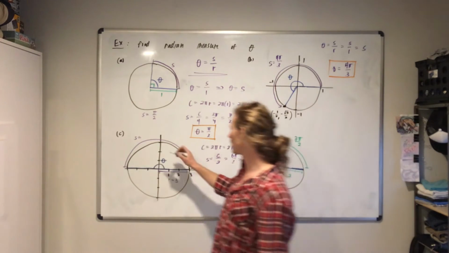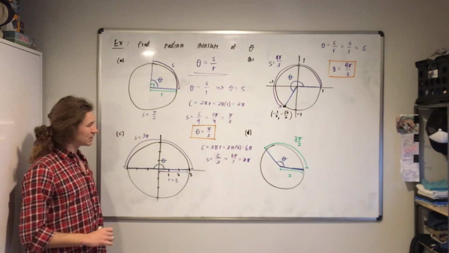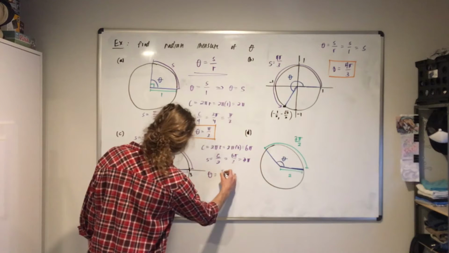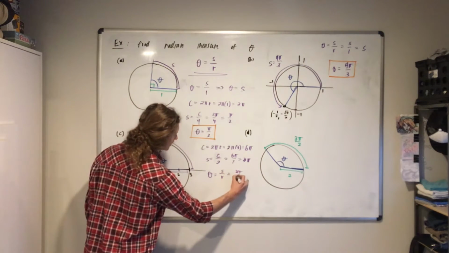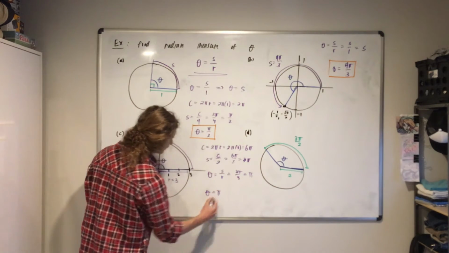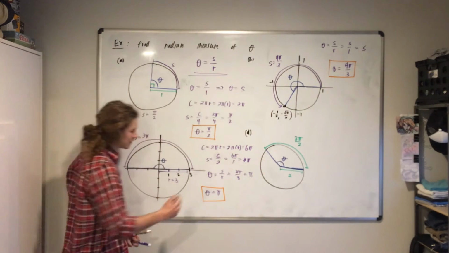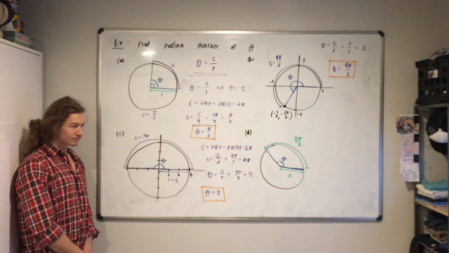So our arc length is 3 pi. Using the definition for the radian measure of our angle as the arc length divided by our radius, we get 3 pi divided by 3, or pi. We find our solution: the radian measure for this angle theta is pi radians.